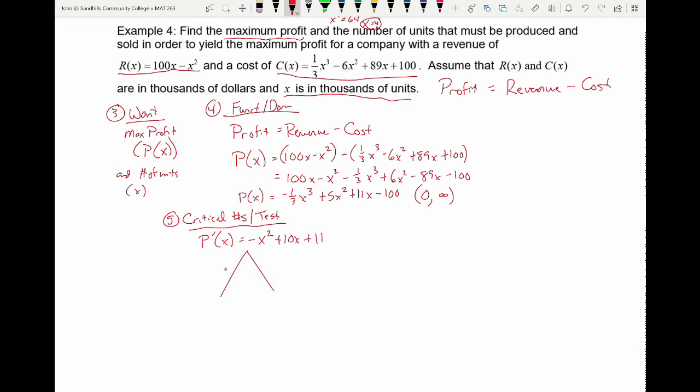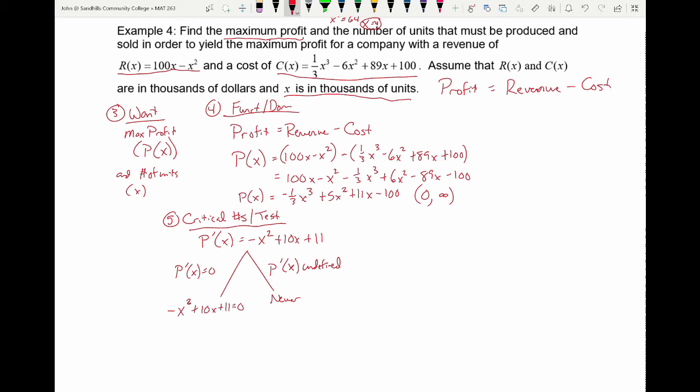And to find critical numbers, remember you're always asking yourself, where is the derivative equal to 0 and where is the derivative undefined? Now we know this derivative is a polynomial, so it's never undefined. So we don't have to worry about that, but we do have to find where it's equal to 0. So we're setting the equation negative x squared plus 10x plus 11 equal to 0.